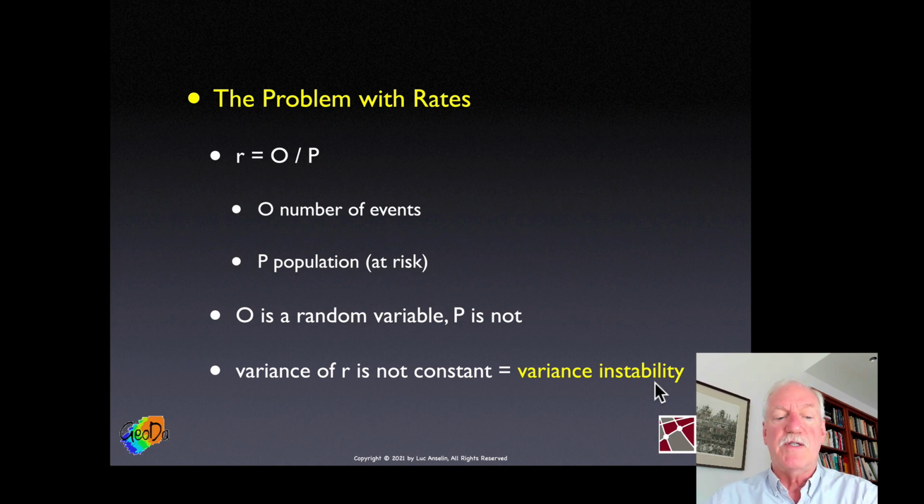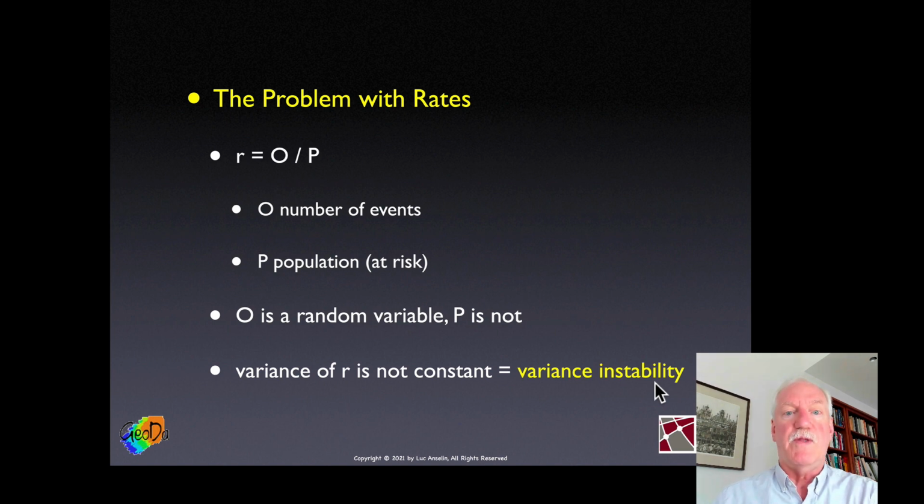So the crude rates, by construction, have a variance that is not stable across space. What does this really mean? This means that your estimate of your risk in some places is better than in other places, or to turn it around, in some places is much worse than in other places.